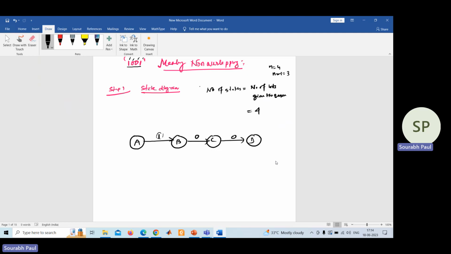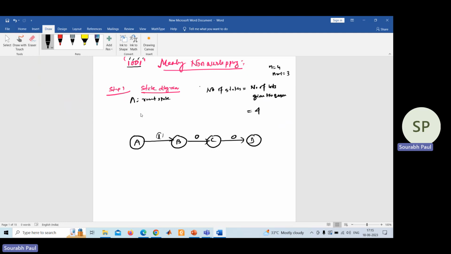Another important thing: state A is known as the reset state. You can note it down. For this state, whatever remaining input is left, you need to make a self loop. That you need to remember for state A.